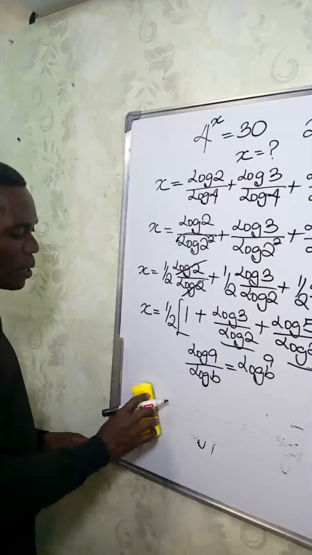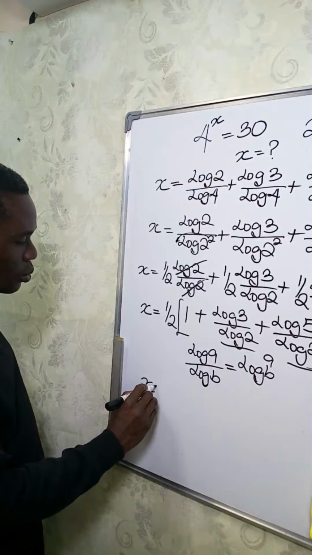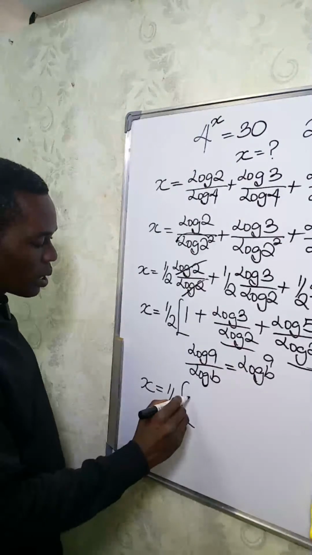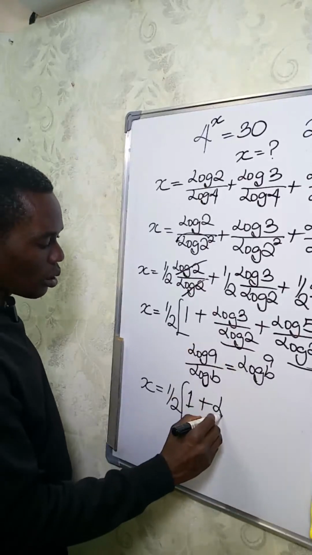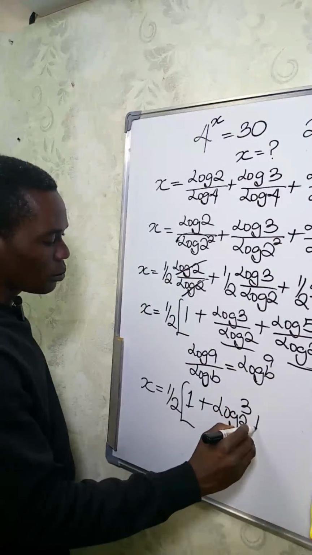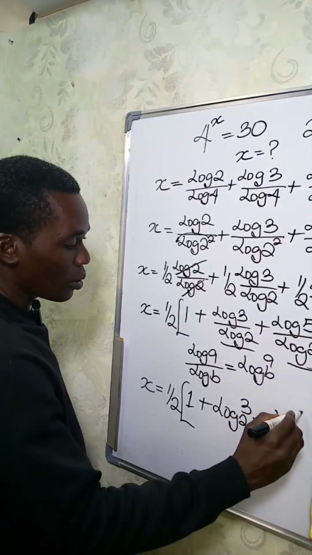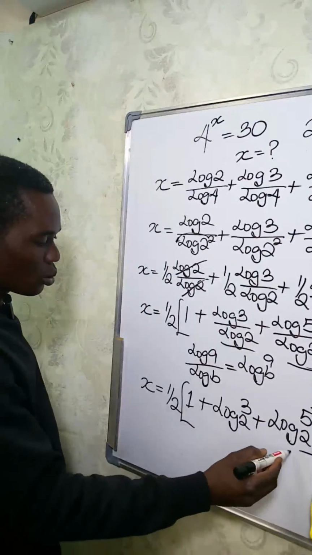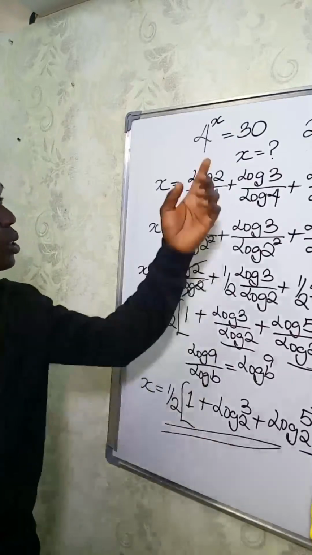If I do that, I'll now have the solution: the value of x will become 1 divided by 2, multiplying 1 plus the log of 3 base 2 plus the log of 5 base what? Base 2. And this becomes the solution to the value of x for that expression given to us.